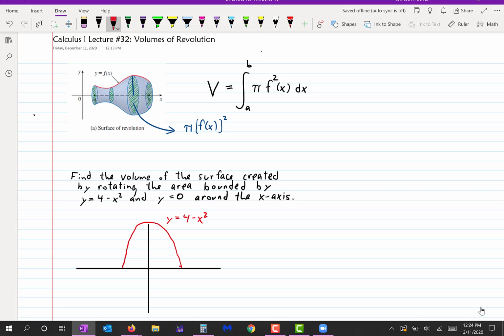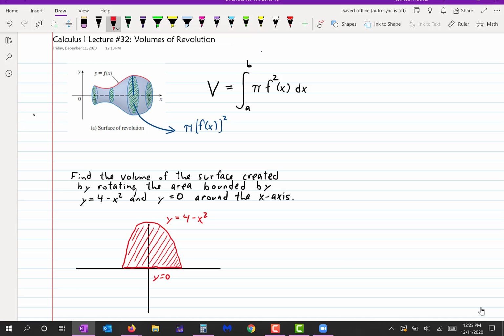And here is y equals 0. Okay? So they want us to take this area and rotate it around the x-axis.